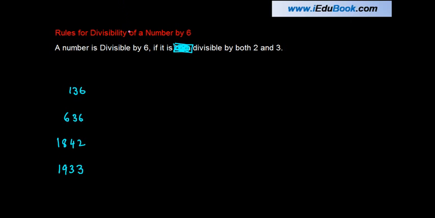Now, in order to find out whether this number is divisible by 6, we need to find out whether this number is divisible by both 2 and 3. Divisible by 2, divisible by 3, divisible by 6.